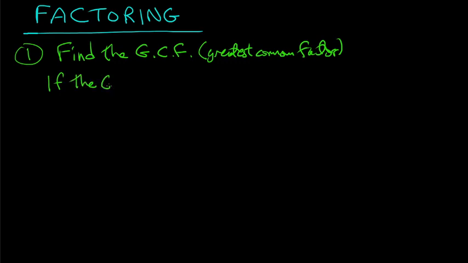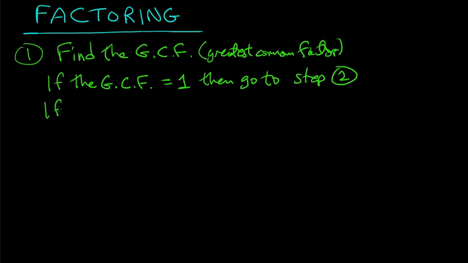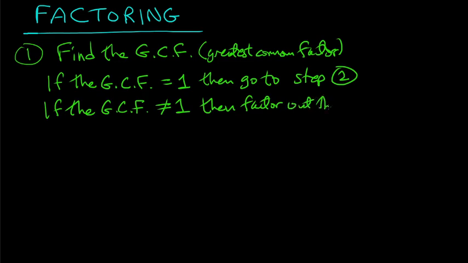The first is that the GCF is 1, and if that's the case, then go on to step 2. So if the GCF is not 1, then factor it out. Factor out the GCF.